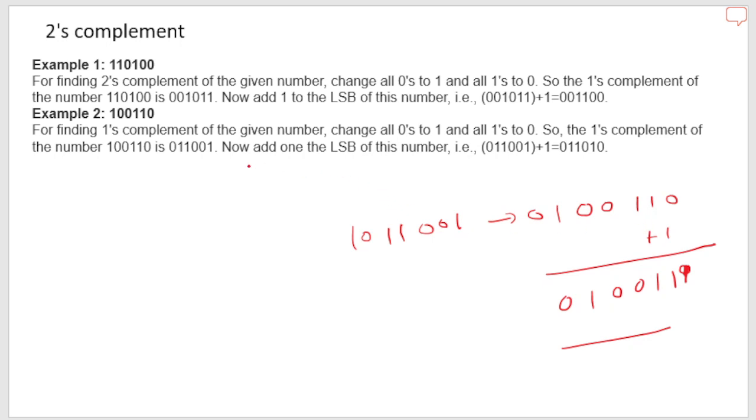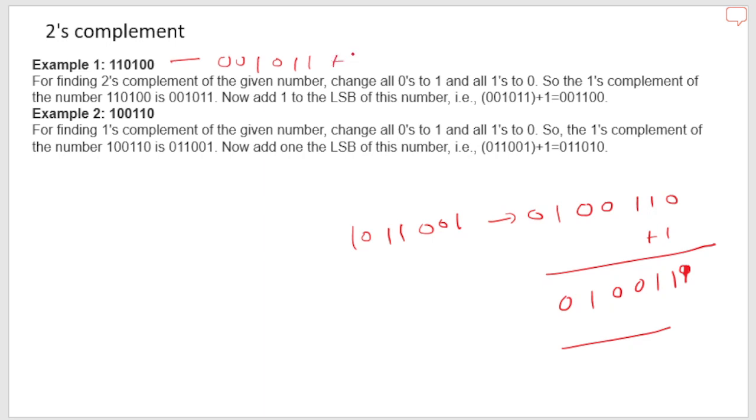Okay guys, similarly here, for finding this number, change all 0s to 1 and 1s to 0, so the 1's complement of the number is 0 0 1 0 1 1.